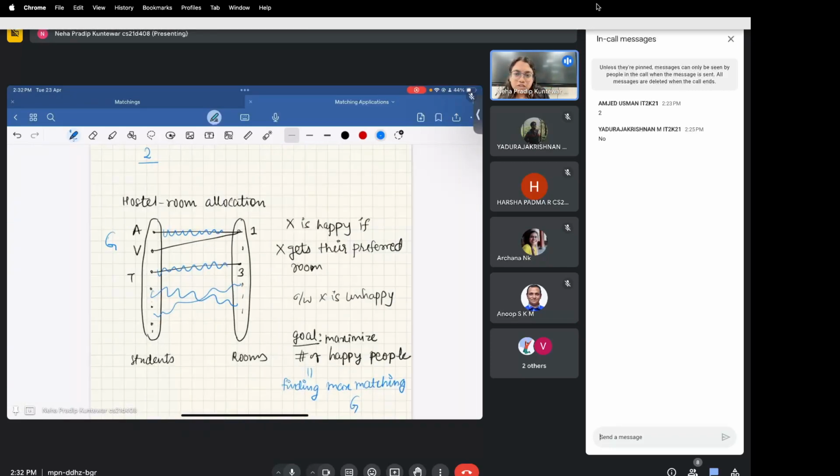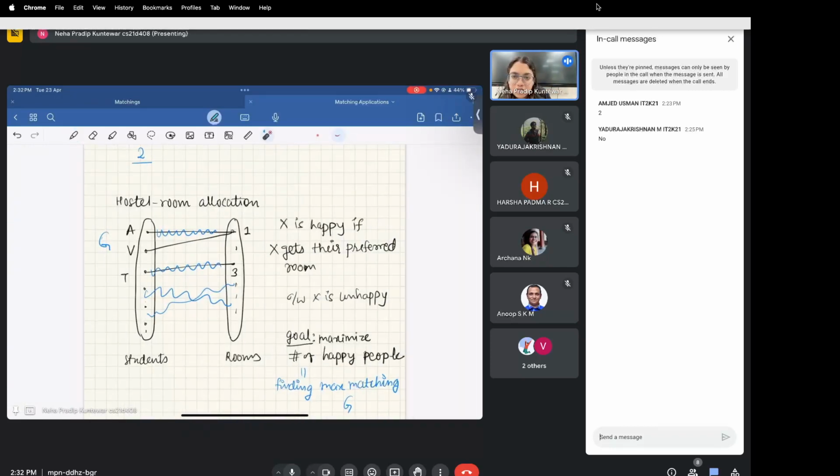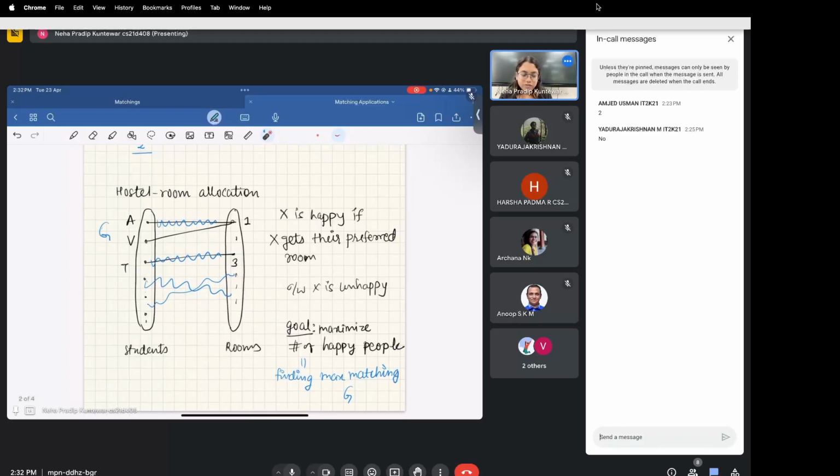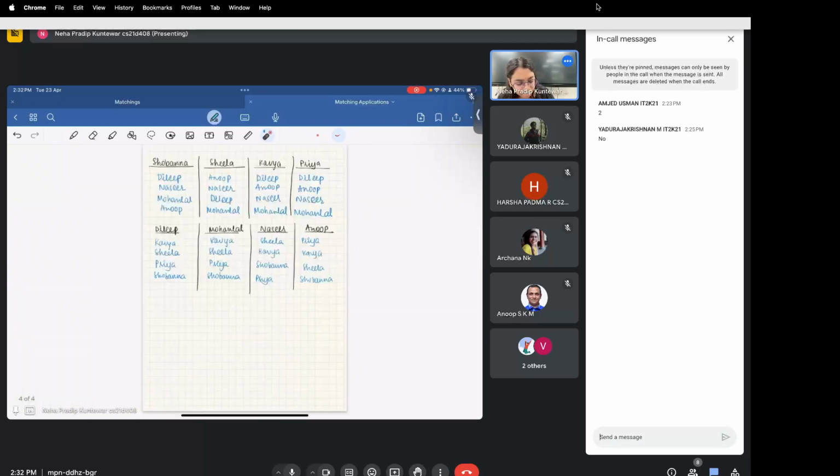Now we saw this example of hostel room allocation, where you tell that this is the room that you want. Maybe I'll take a new page.